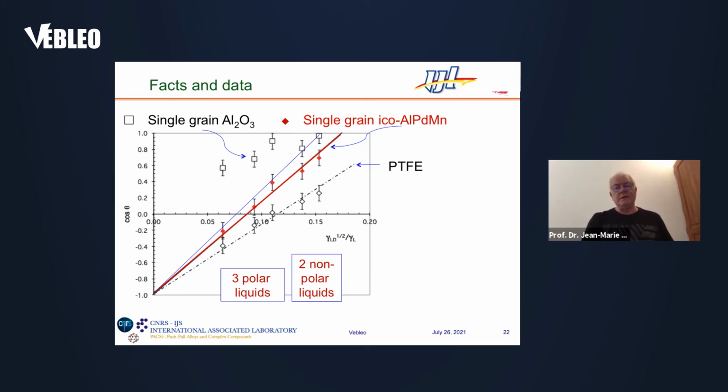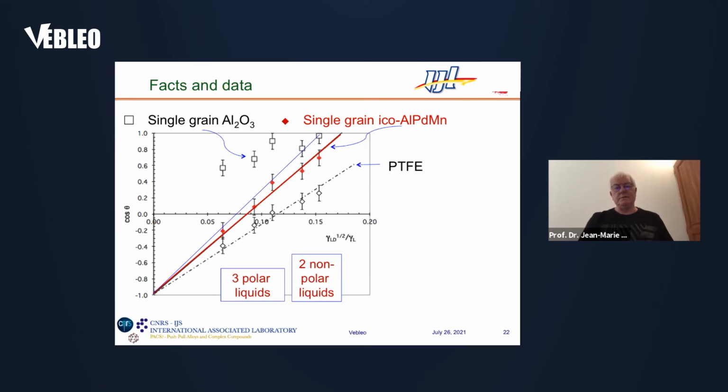And if I do the same measurement with a single grain of quasicrystal, although it is done in air, which means that the native alumina layer is covering the quasicrystal, I observe this straight line. So this means that the quasicrystal is typically apolar and has no polar component, in contrast to the oxide layer.